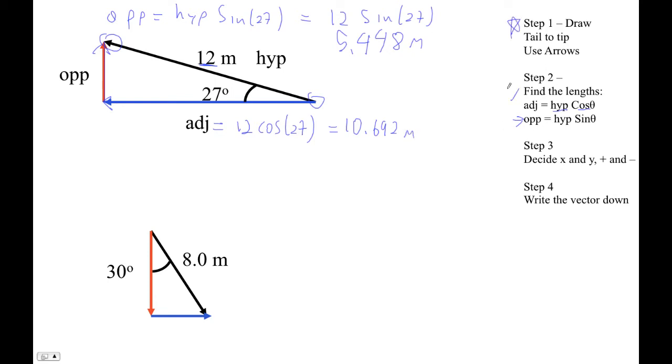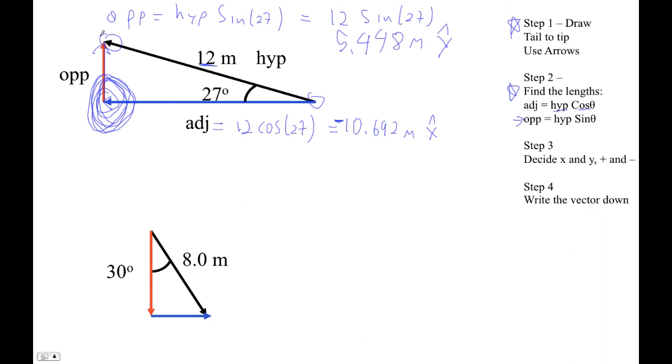So I've done this. I drew those. I found the lengths of the sides using that. I have to decide x and y, plus and minus. So this blue arrow that goes to the left is definitely in the x direction. Since it goes to the left, it's negative. This red arrow right there is definitely the y component, especially since that one's the x.